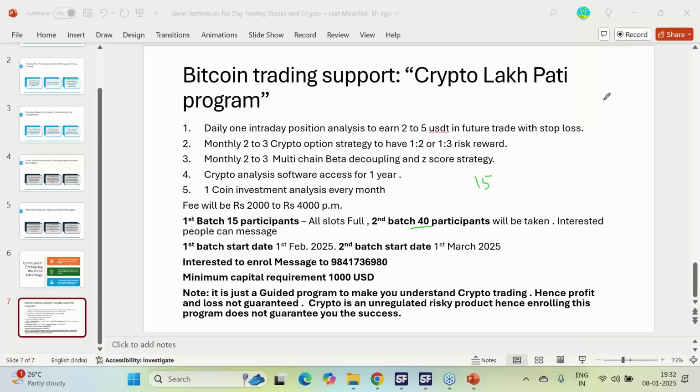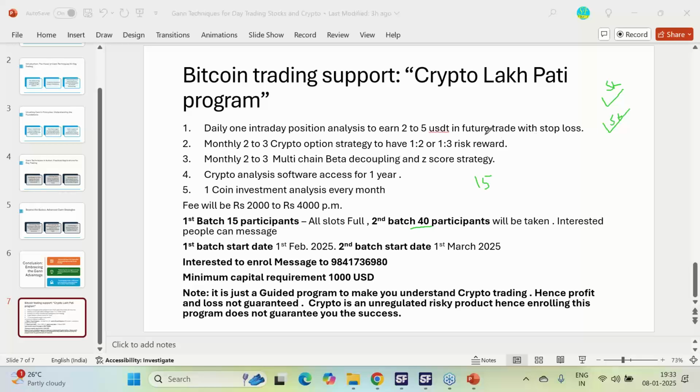First, we will help you set up your account with different brokers, whichever you choose. It is not a broker, directly with the exchange you have to open the account. Setting up your account, and helping you understand the basic terms and terminology of trades, that is one.